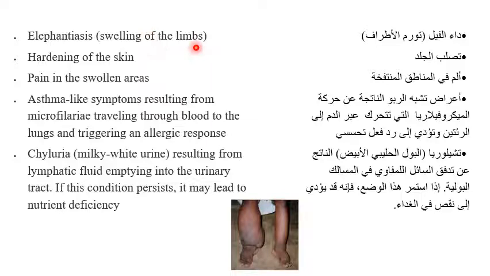Elephantiasis, swelling of the limbs, hardening of the skin, pain in the swollen areas, asthma-like symptoms resulting from microfilaria traveling through the blood to the lungs and triggering an allergic response.